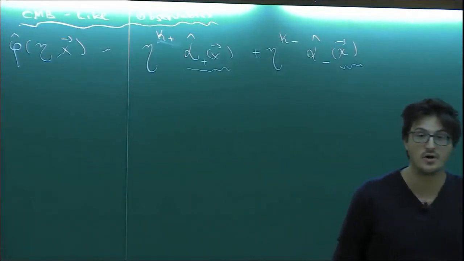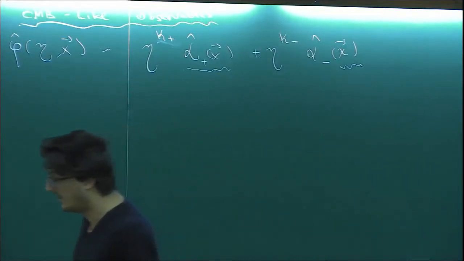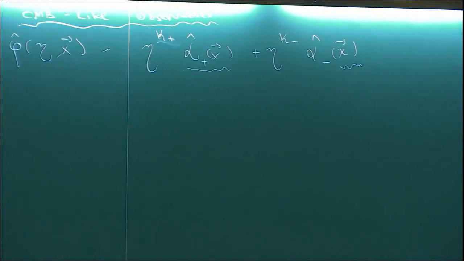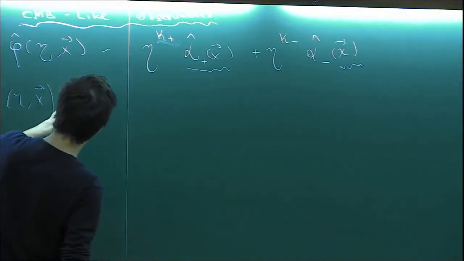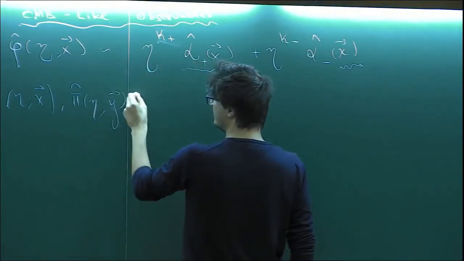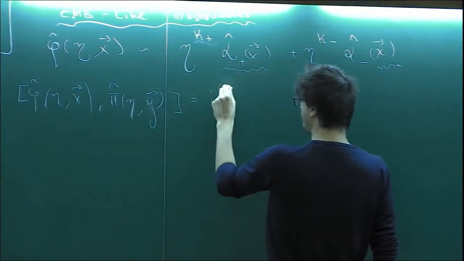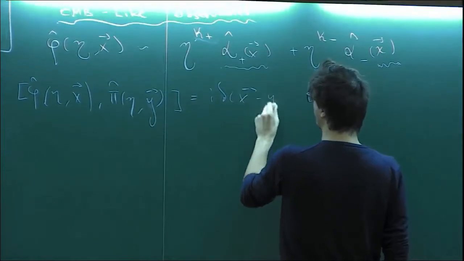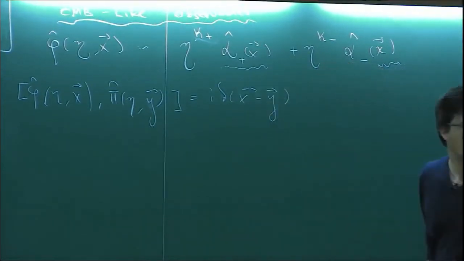And a more important way to state this is that it's not just that we promote the field to an operator, it comes along with its conjugate momentum, whose equal time commutation relations have to obey the Heisenberg algebra.